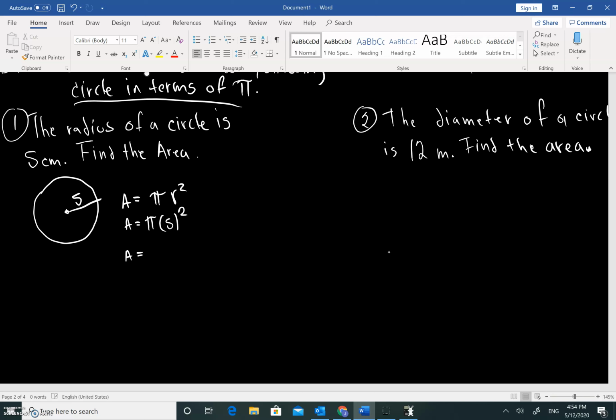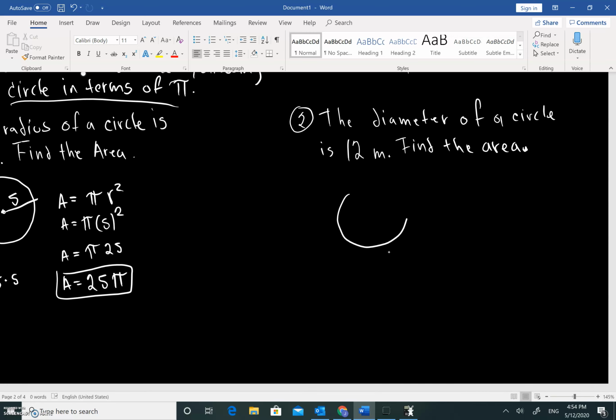So A is equal to pi, 5 squared. Well, 5 squared, remember, means 5 times 5. Well, 5 times 5 is 25. So this is 25 times pi. So my area, because when we have this notation we want our number to be in front, is 25 pi. So okay, let's go over the second example.